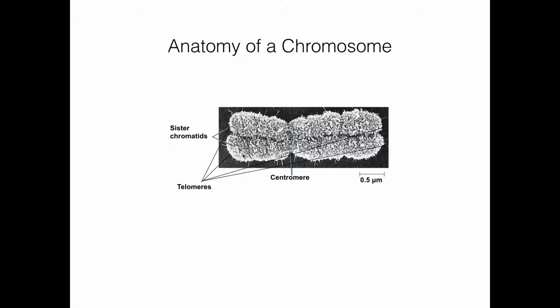It's all bound together. However, as we'll see later on, if I were to clip this binding, like cut the binding here at the centromere, and these two chromatids would float away from each other, now they would be two chromosomes because they're no longer bound together.